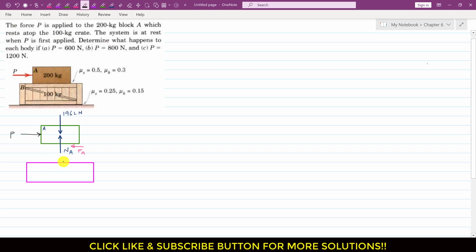As a reaction, this crate B will apply NA force on this block A in the upper direction. So block A will apply the same NA force on this body B in the downward direction. So let me write that this is the same NA force, acting vertically downward.